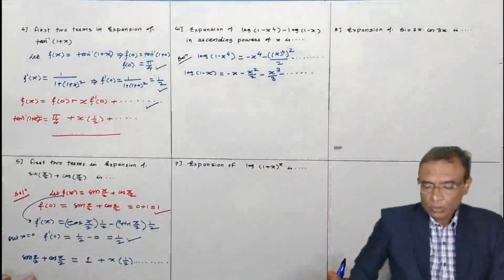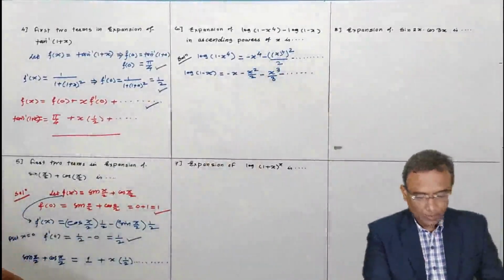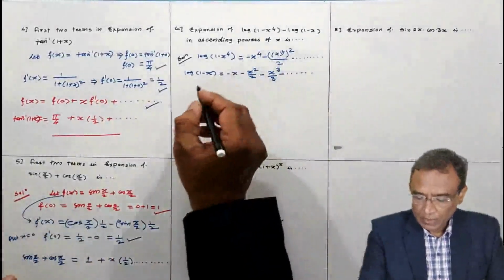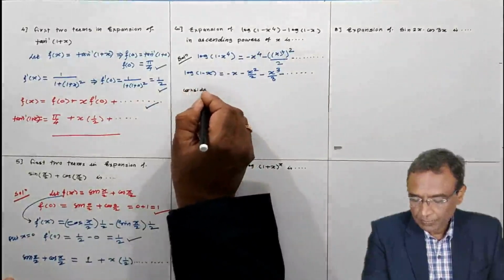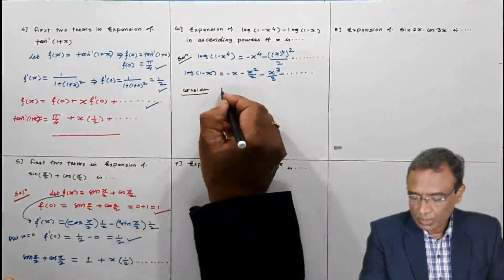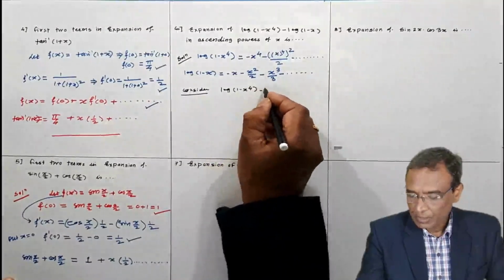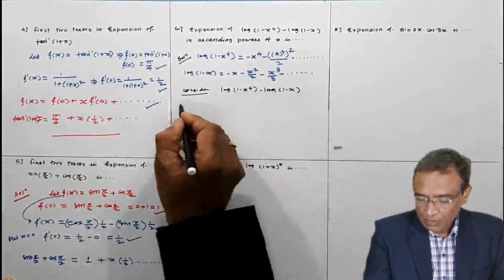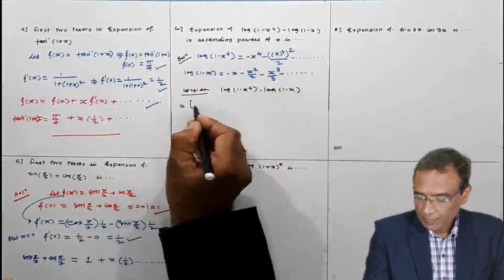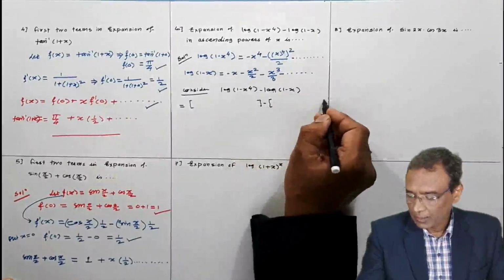Now we want the expansion of log of 1 minus x to the power 4 minus log of 1 minus x. Expansion of the first I am writing in this bracket, and expansion of the second in this bracket.